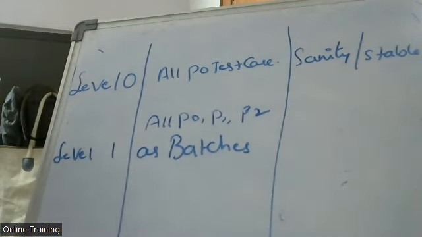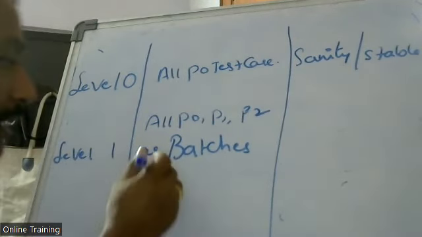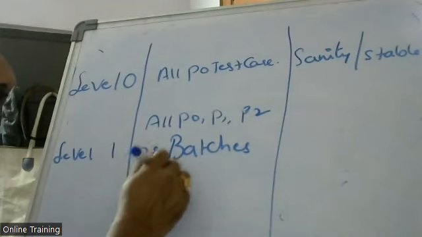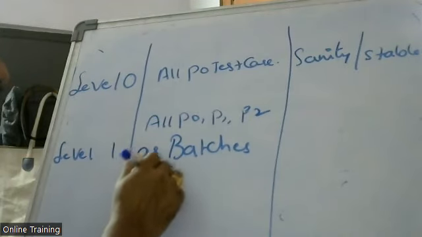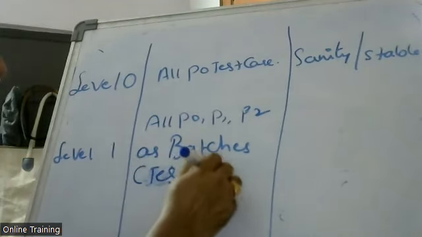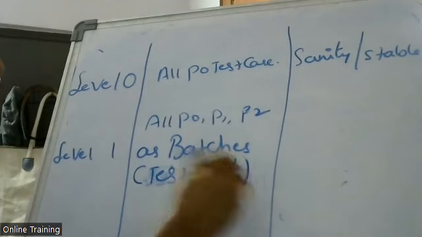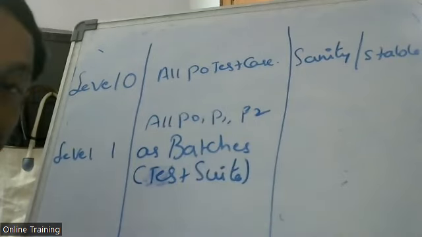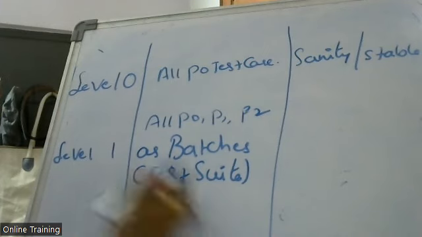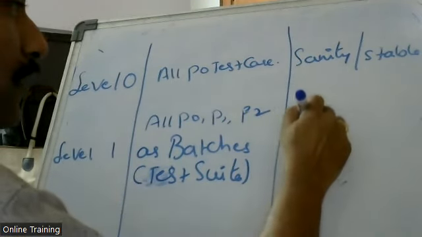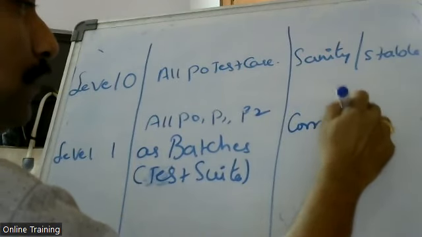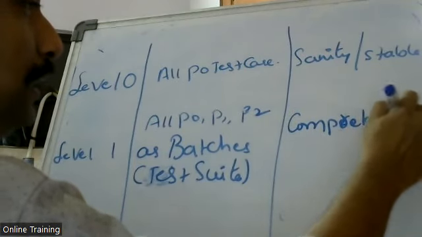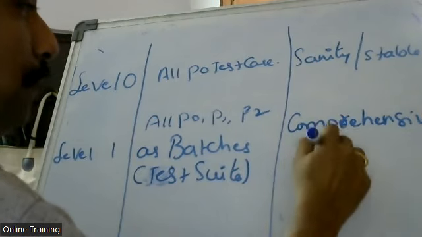If you execute all the test cases sequentially, that is called a test suite. Sequential execution of multiple test cases is known as a test suite. That becomes a comprehensive build.